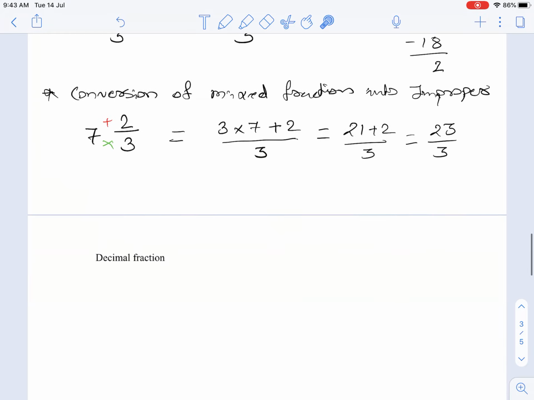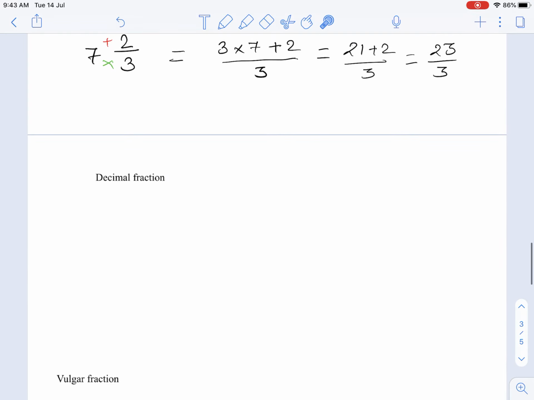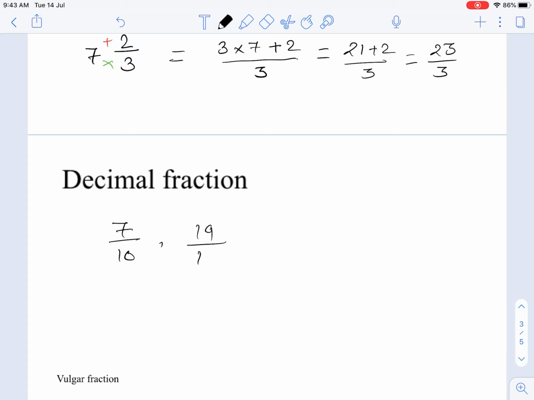Now let us see the next type of fraction. The next fraction is a decimal fraction. What is a decimal fraction? Consider some examples: 7 upon 10, next example 19 upon 100, then 5 upon 1000, and so on. In a decimal fraction, the denominator is always in the form of 10, 100, 1000, and so on.